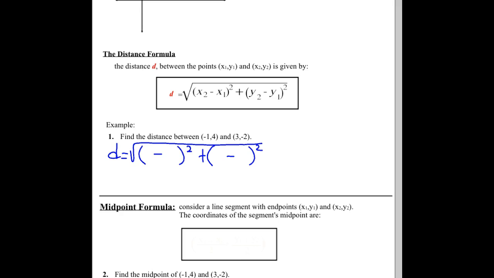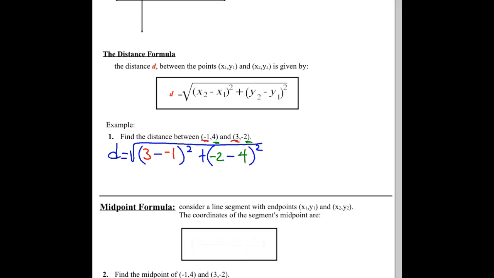But when I go and square it, it's going to come out the same. Okay? That's why I said it doesn't matter which is called point 2, which is called point 1. All right. So if we put in 3 minus a -1, what would I use in the second one? Okay? My x's go in the first one. My y's go in the second one, right?